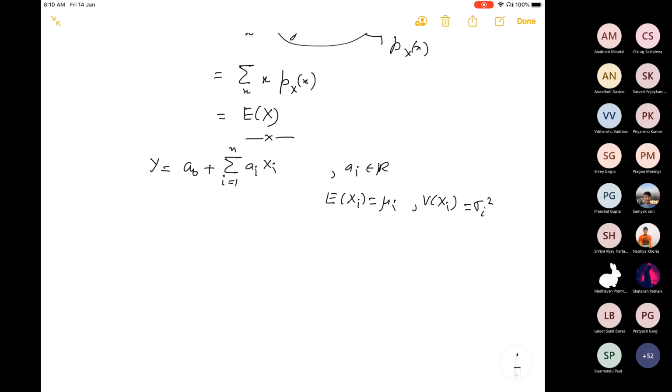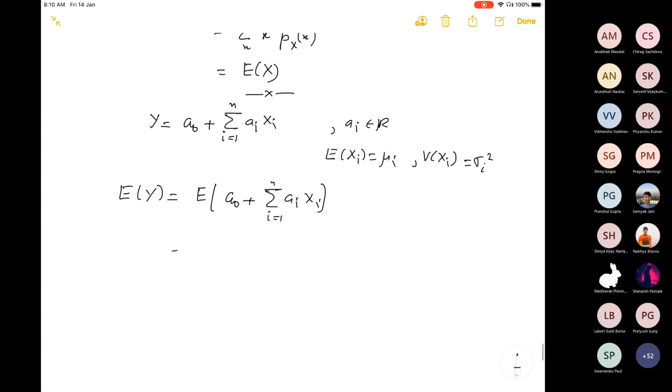Then we want to find the mean and variance of y. So what will be the mean of y? This will be the expectation of a naught plus the summation of ai xi, i from 1 to n, because n variables are there here. For example, let me give the proof for 2.